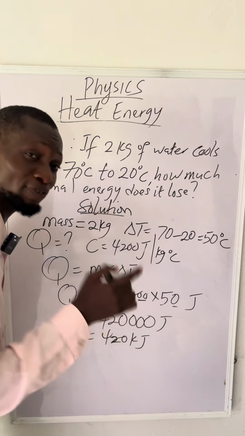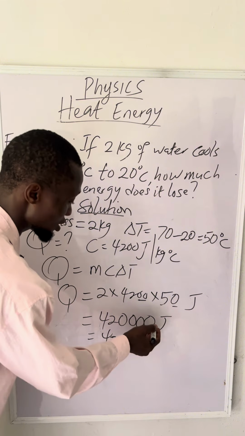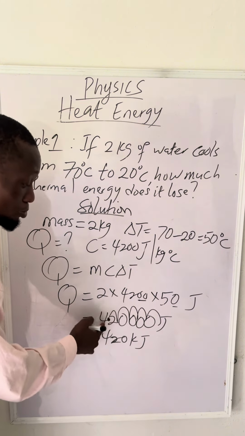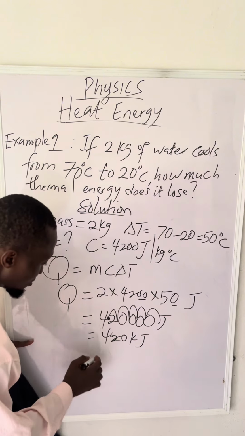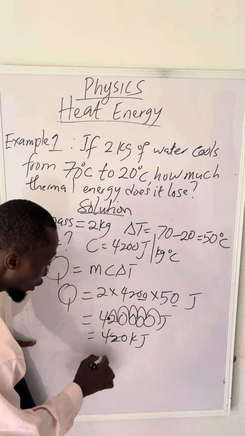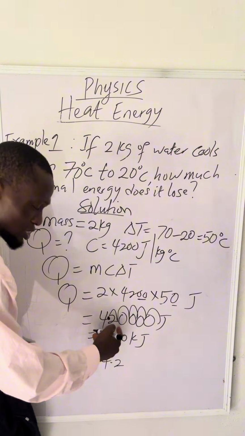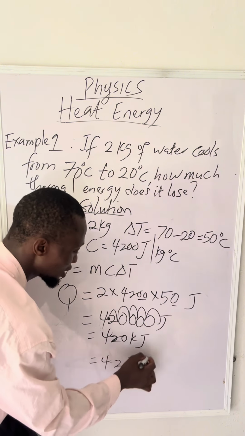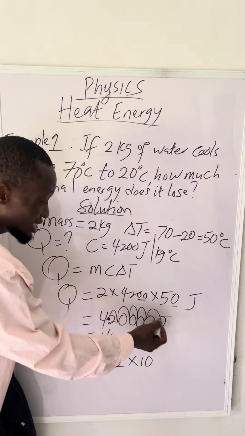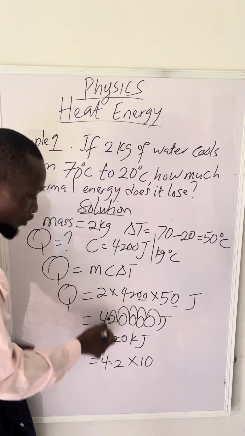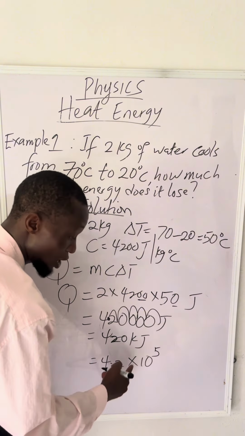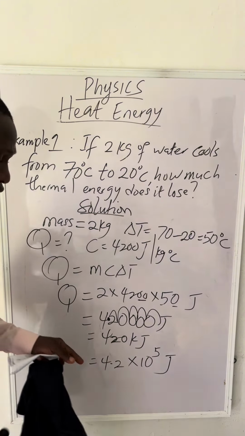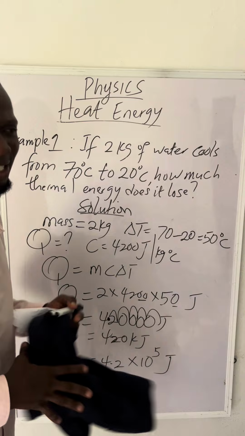If I want to put my answer in standard form, I count 1, 2, 3, 4, 5 until it remains one number at the front. So I'm going to write it as 4.2. After the decimal point, I don't need all these zeros again. So I'll just say times 10, 10 must be there, raised to power 5 joule. So that is the way you can write your answer, and that is the answer to this question.